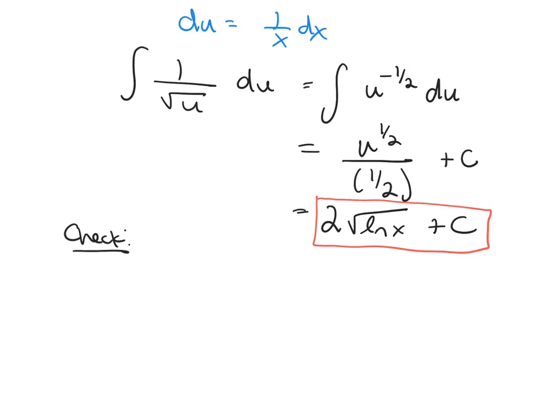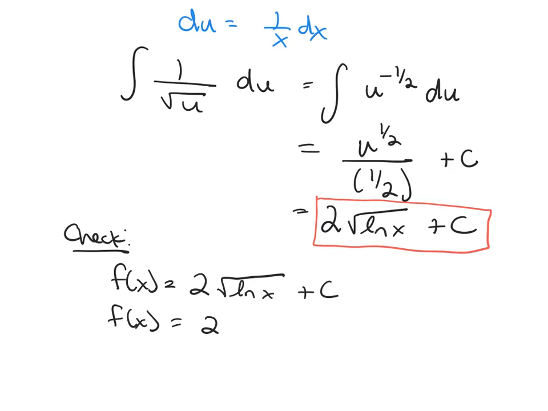So I'm going to call my answer a function, f of x. And you need to take the derivative of this. It might help you if you rewrite the square root as the 1/2 power.